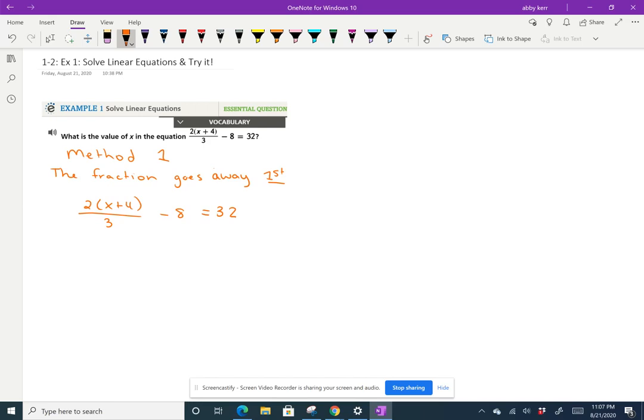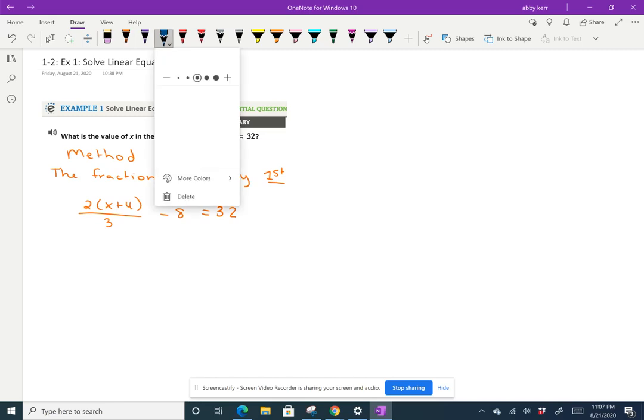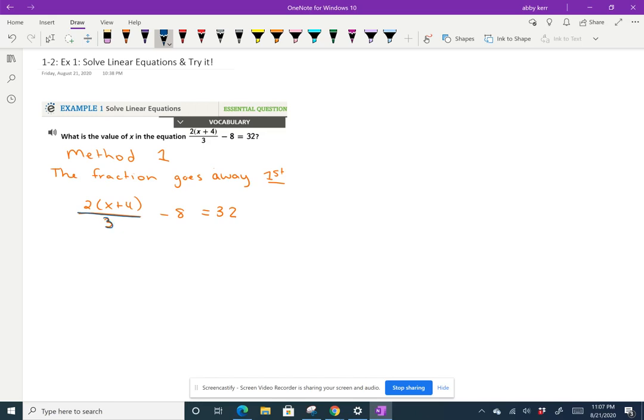So in method 1, the fraction goes away first. And how we do that is that if you see we have this division by 3. So the inverse operation of dividing is multiplying. So whatever you do to one side, so we're going to multiply by 3, you have to do to the other side.